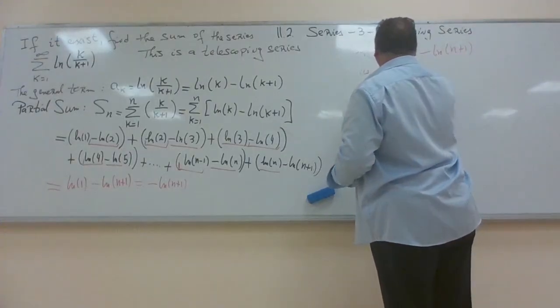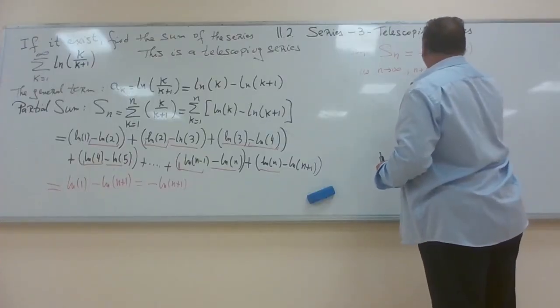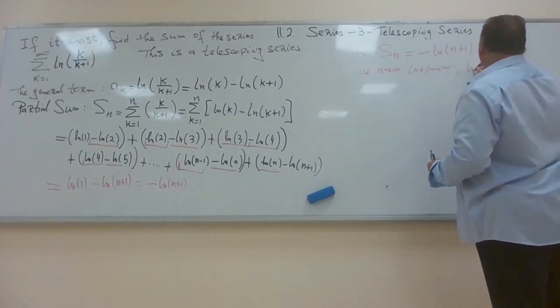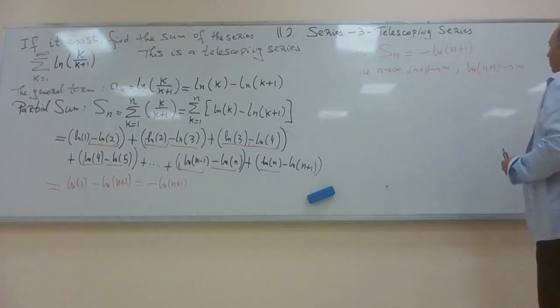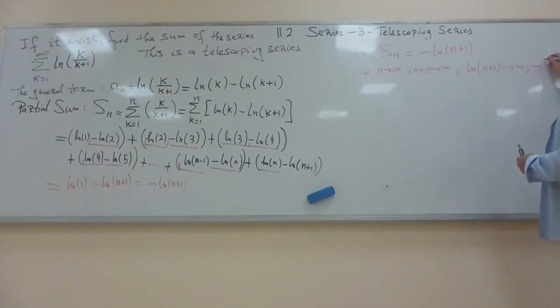As n goes to infinity, what happens? n plus 1 also goes to infinity, and then ln(n plus 1) also goes to infinity, and then negative ln(n plus 1) goes to negative infinity. So that's important to realize.